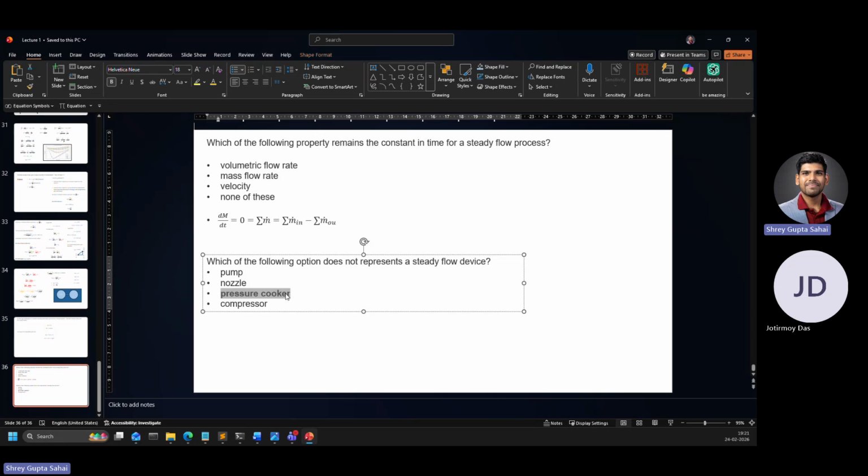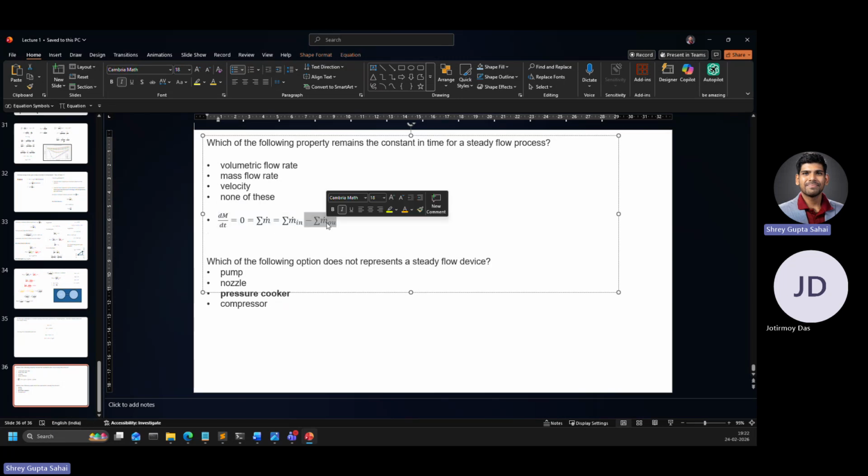And because there is no mass inflow, summation m dot in is 0. So dm by dt can only be 0 in case there is no mass outflow also. So when there is no mass outflow from a pressure cooker, only in that case dm by dt will be 0, which means that there is no process happening.